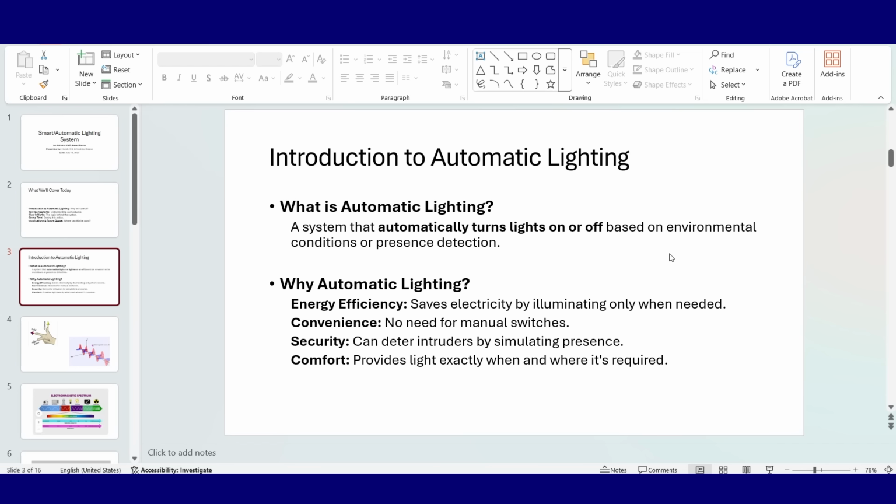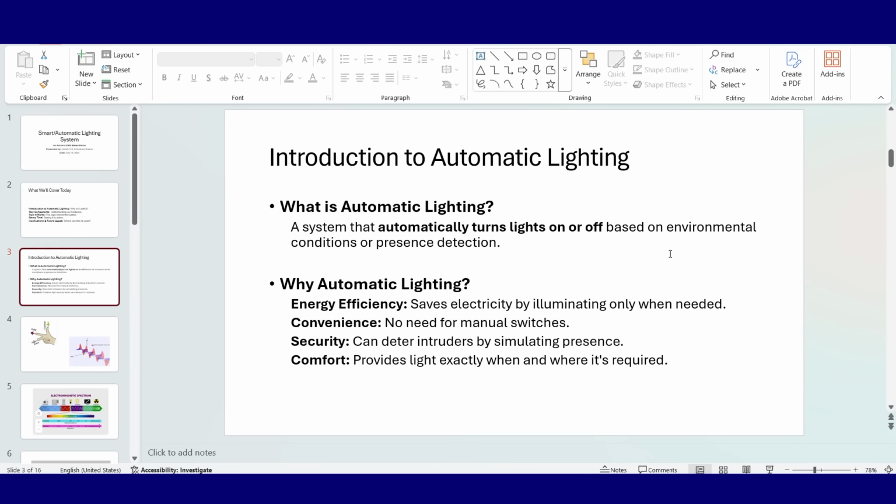He doesn't need to press any switch. The moment he goes out of the room, automatically the light turns off. The moment he enters the room again, the light turns on again. So basically, the presence is detected inside the room and accordingly lights are turned on and off. So that is called an automatic lighting system.